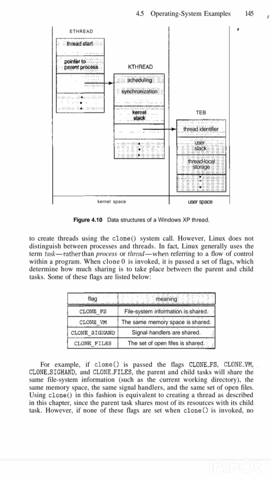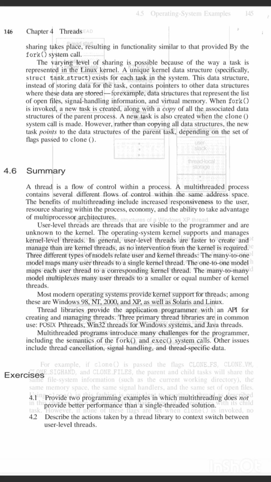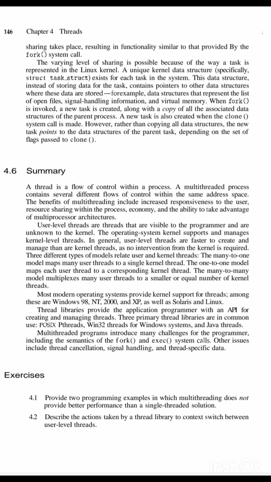Using clone in this fashion is equivalent to creating a thread as described in this chapter, since the parent task shares most of its resources with its child task. However, if none of these flags are set when clone is invoked, no sharing takes place, resulting in functionality similar to that provided by the fork system call. The varying level of sharing is possible because of the way a task is represented in the Linux kernel.